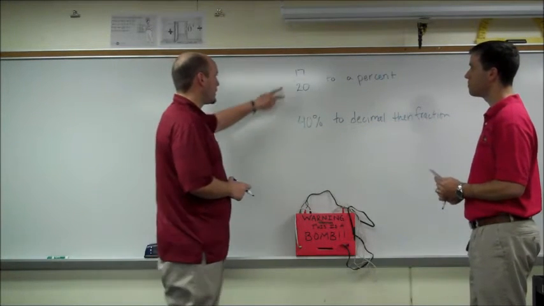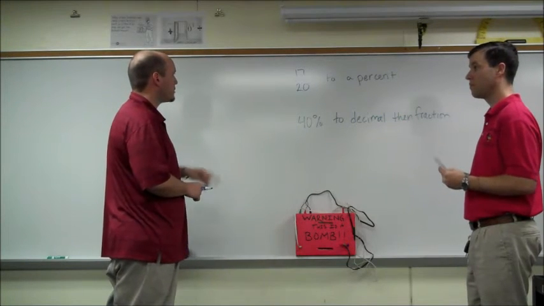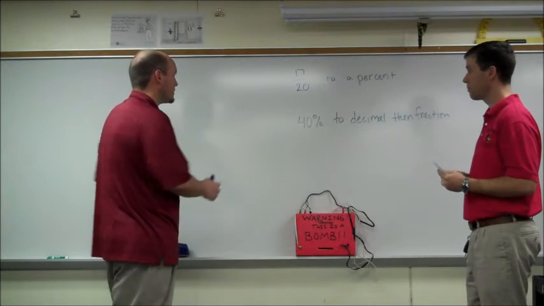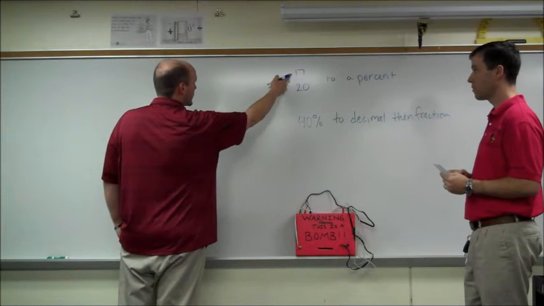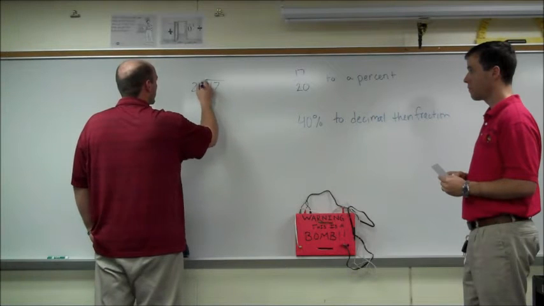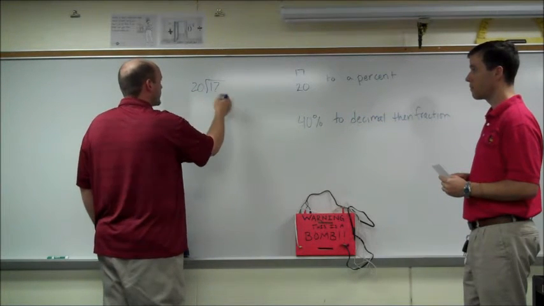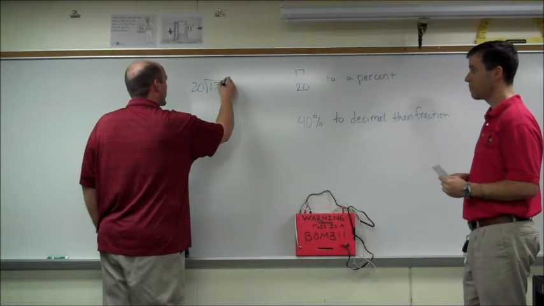Alright, so I think what I would do first on this one is I would use your horse and cowboy method to change that fraction into a decimal. So I'm going to take the cowboy who's on top and put him inside the house. The horse stays outside. I know that 20 doesn't go into 17, so I'm going to add a decimal point and a 0 there.